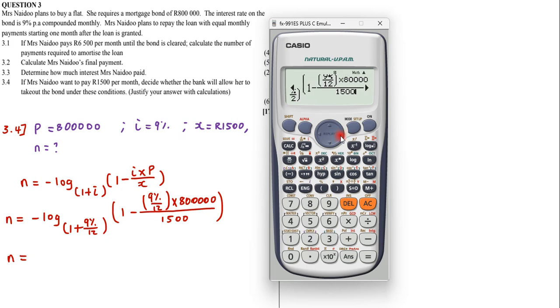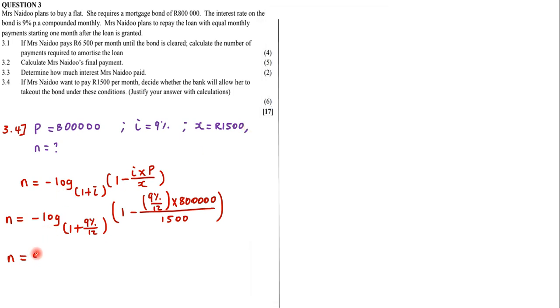Sometimes in these calculators, an error doesn't mean that the value is incorrect, but it tells you that this value is beyond what the calculator can handle. That is why you're getting an error here.